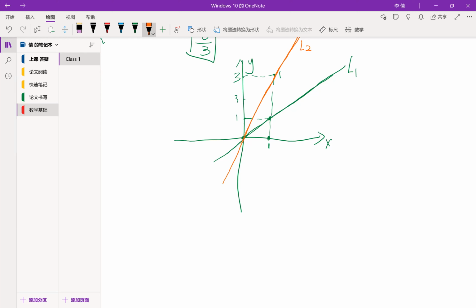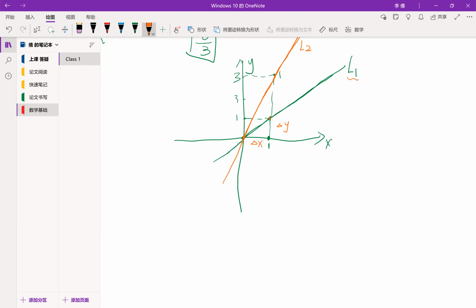Okay, let's see the slope of L sub 1. Who can tell me what the slope of L sub 1 is? The slope of L sub 1 means we use delta y over delta x, right?